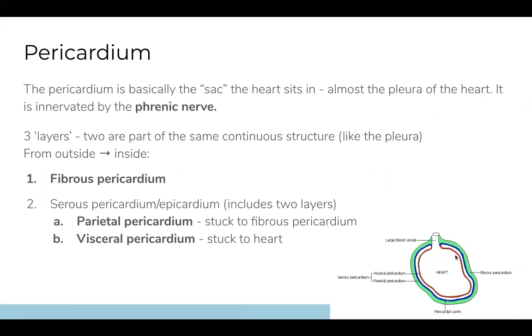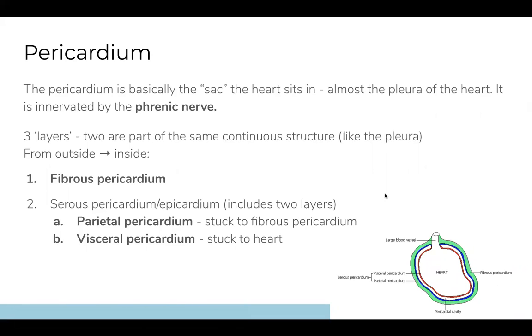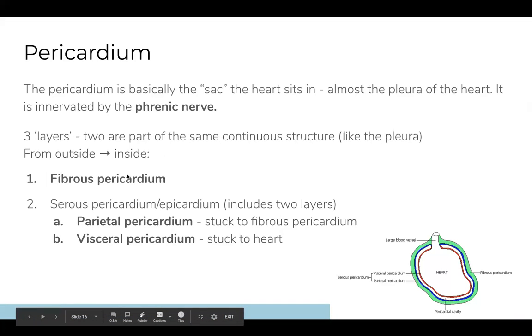It also keeps the pericardium alive, and it's the phrenic nerve. So as mentioned last week, similar to the diaphragm, if you have irritation of the pericardium, you may have referred pain to your shoulder, the C3, C4, C5 area, if you have a pathology.